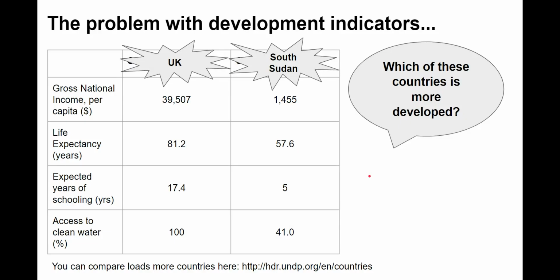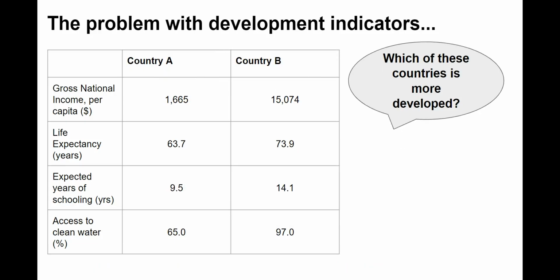Let's have a look at another example. So this time we have country A on the left, country B on the right. Gross national income for A, $1,665. Country B, over $15,000. In country A, people are expected to live to 63.7 years.